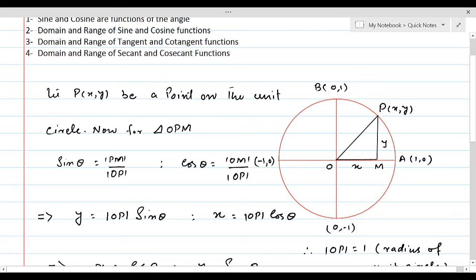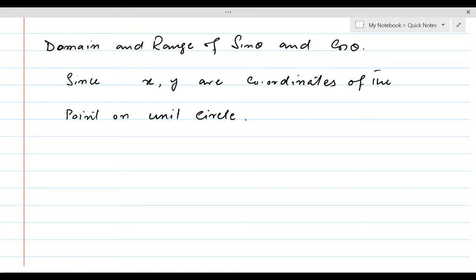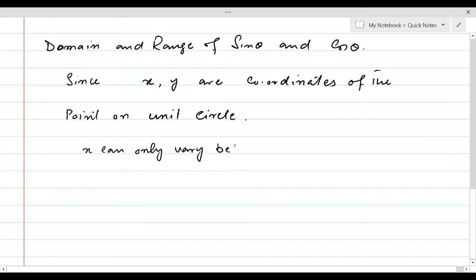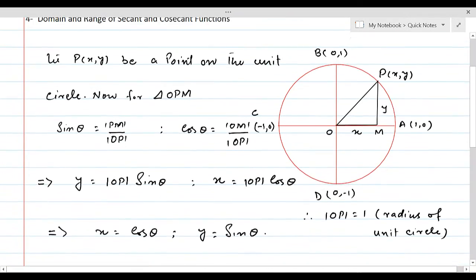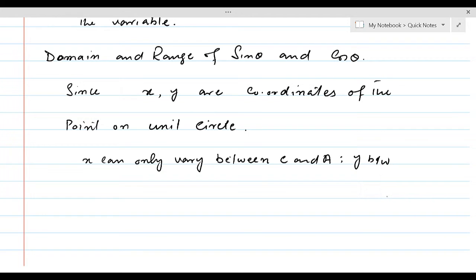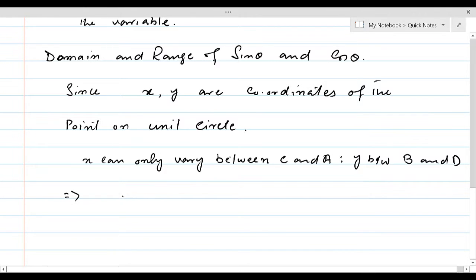Let's call these A, B, C and D. So x can only vary between C and A, and y between B and D. This means that minus 1 is less or equal to x, which is less or equal to plus 1.